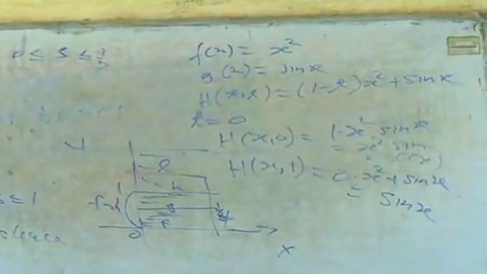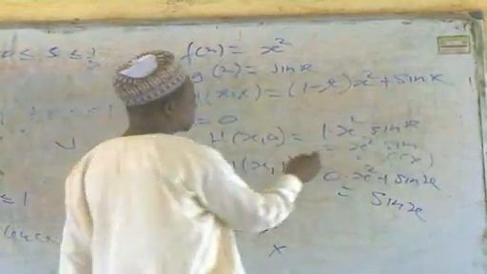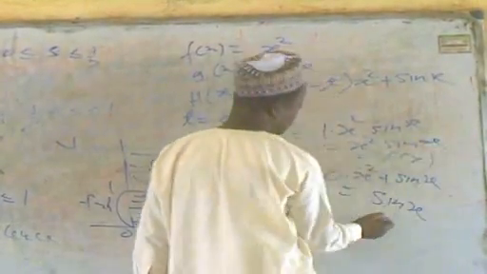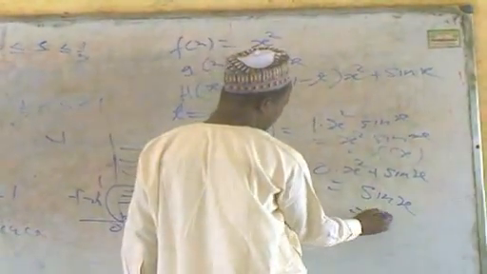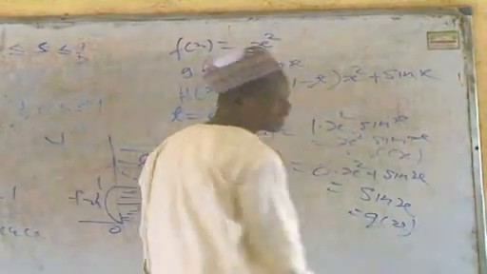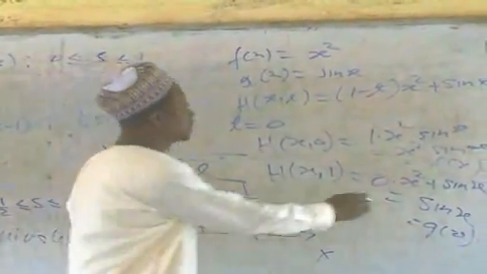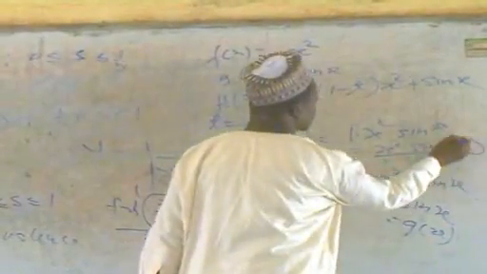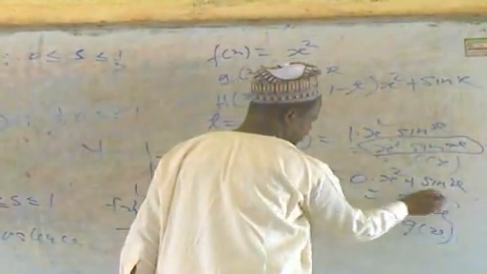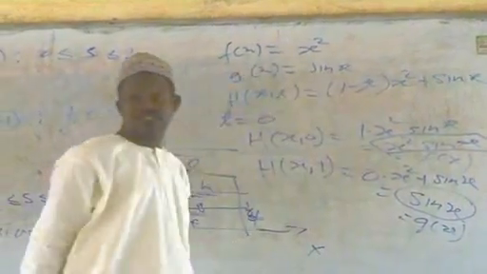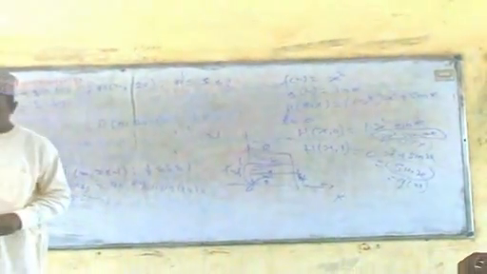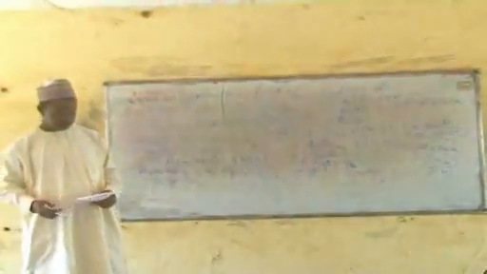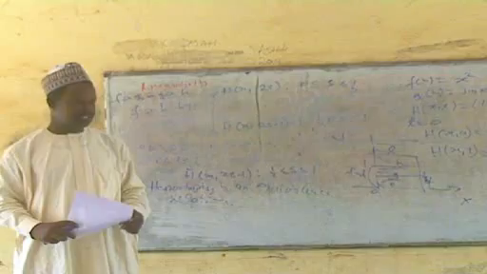Because you have to differentiate from this. The f of x is x squared, so this one cannot be f of x. You say this is some g of x, so that it will be different from this. So h is a homotopy.